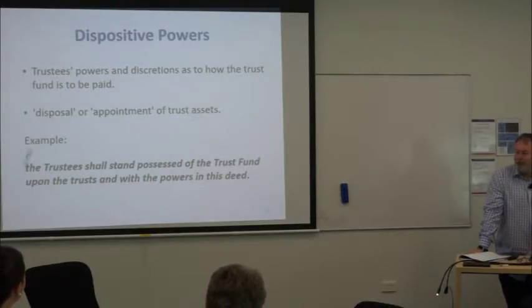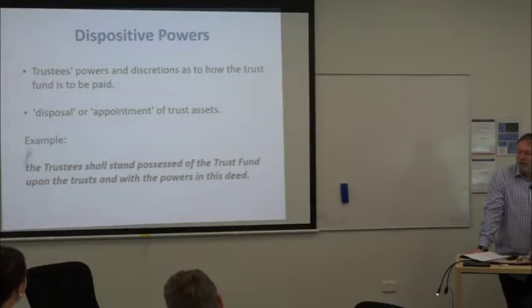But in trust terms, appointing trust assets means you actually dispose of them. And the person who has the power of appointment is the person who has the power to decide who gets certain assets. And we'll come back to that again in a little while.